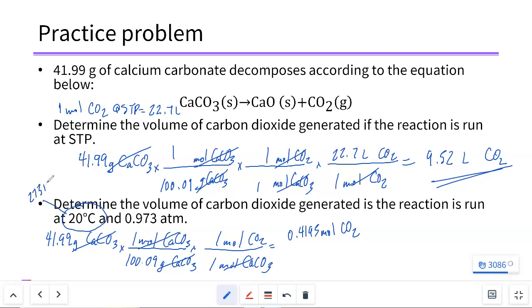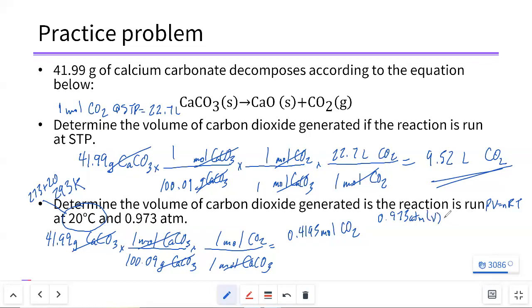I've got to turn it into Kelvin. So 293 Kelvin is going to be my temperature. So PV is equal to nRT. So pressure is 0.973 atmospheres.